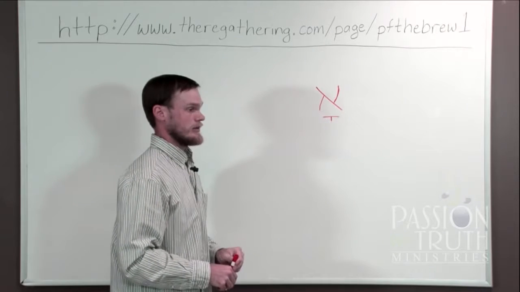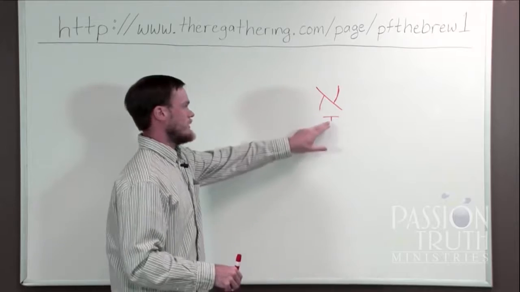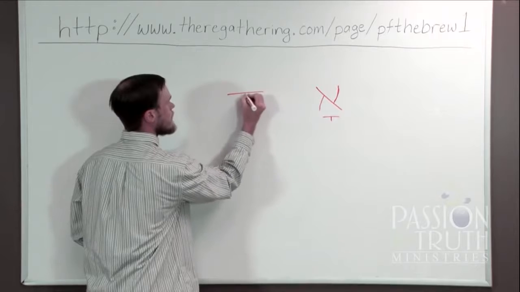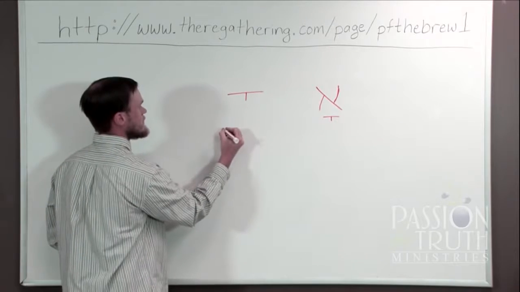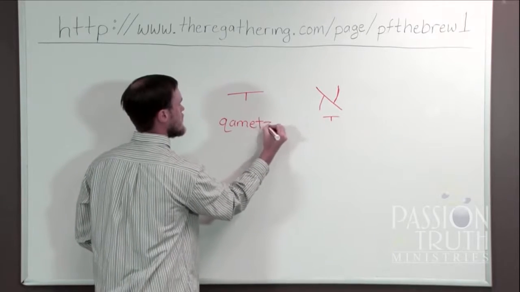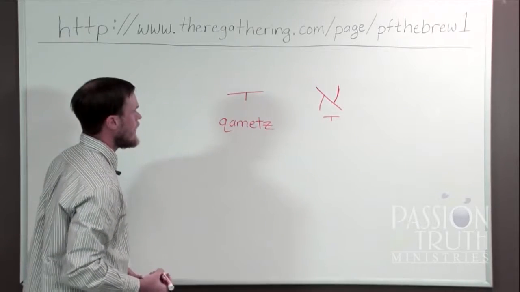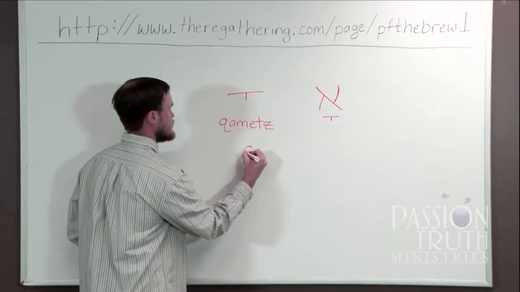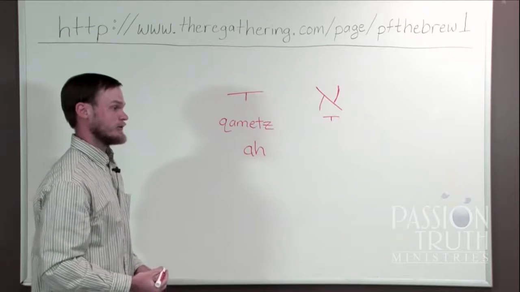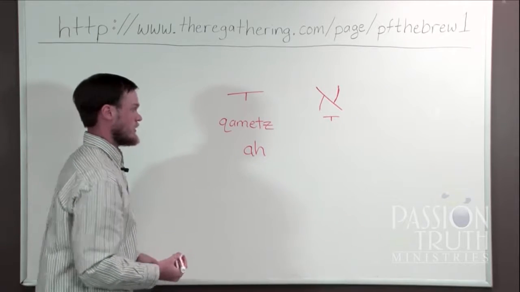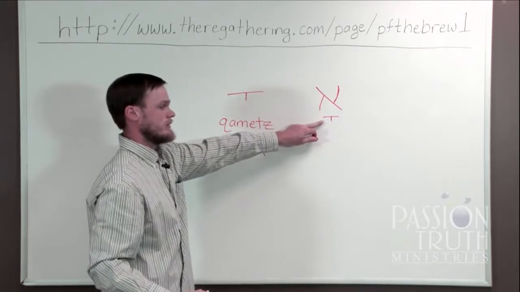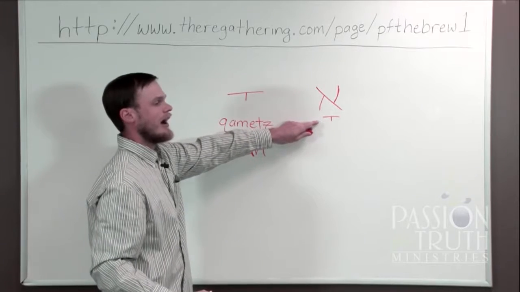In this case, aleph is silent, so it makes no sound. This vowel sign, this sort of T-looking thing, is called a kametz. Kametz. And the sound it makes is the sound of short A, the ah as in father or wall. So if we encounter an aleph with a kametz underneath it, we pronounce this as ah.